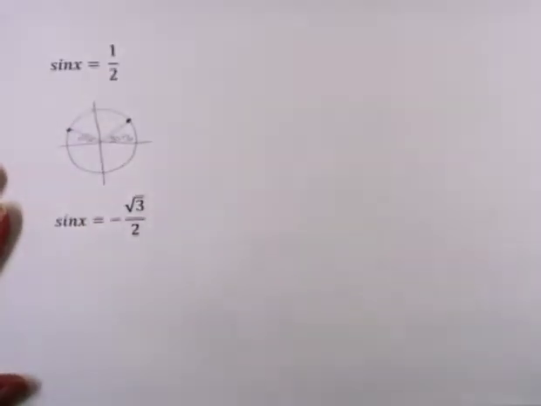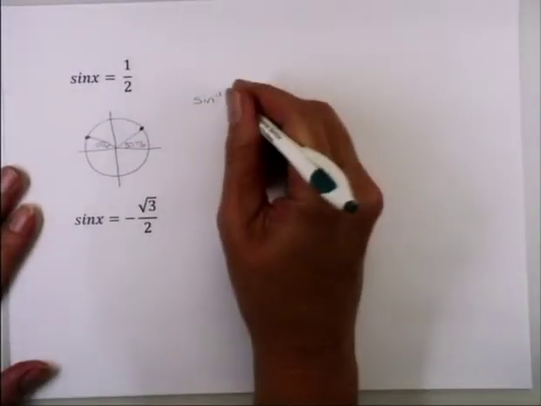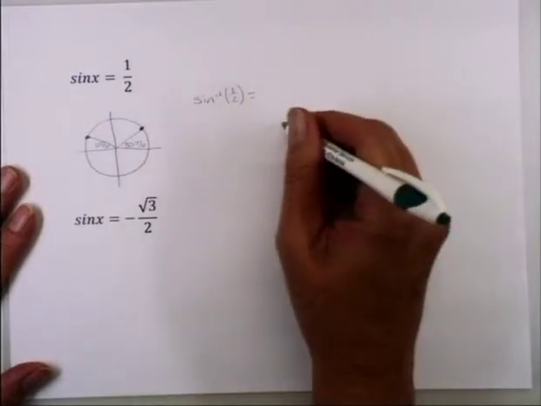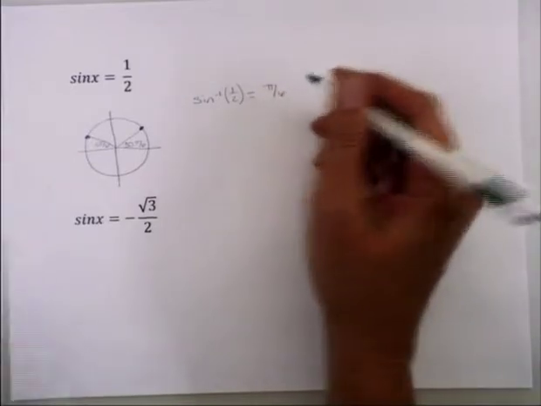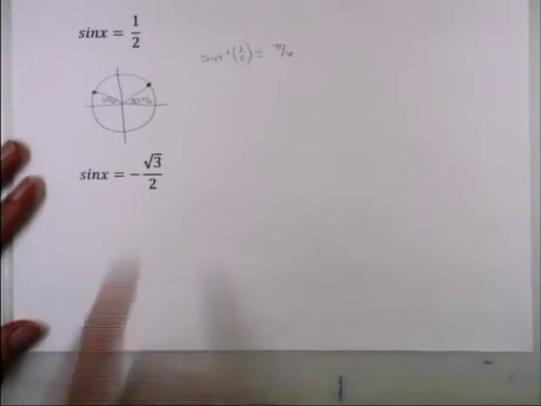So when you type on your calculator the sine inverse of 1/2, your calculator is just going to return the value of 30 degrees or π/6. You have to know that there's another solution that you may have to find if they want all of them in a certain interval.